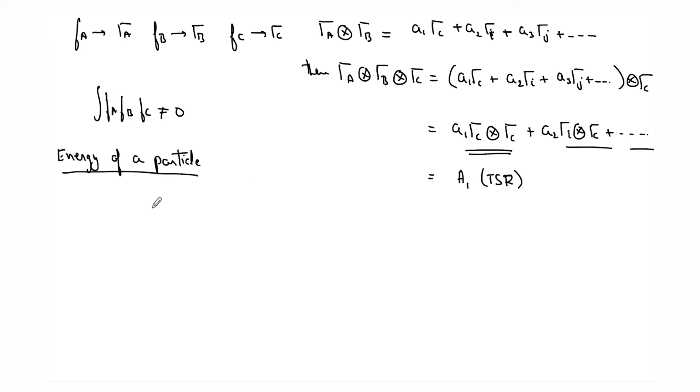We know the equation H psi equals E psi, and we can multiply and write this equation like this. Let's say this is star, and psi j star psi I will be equal to A, right?